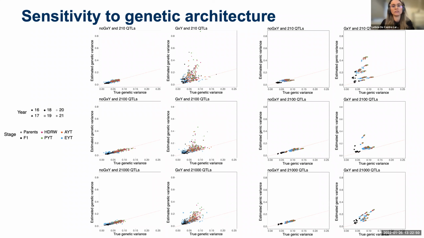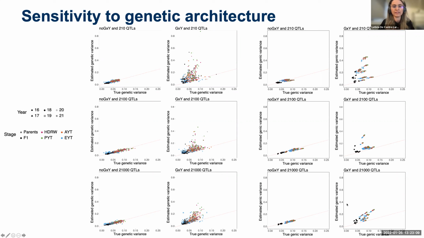So in total, this gave us 6 scenarios, where the first column is the scenarios without interaction, and the second column is scenarios with genotype by year interaction. Here for genetic variance and here for genic variance.